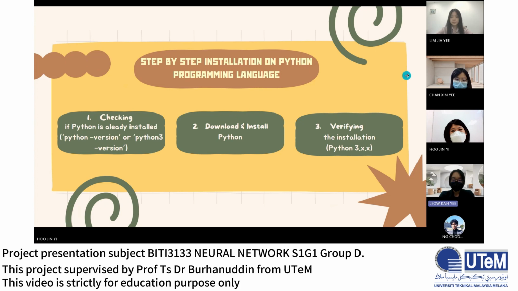Then we follow the instructions to install Python. After that, we go to the next step, which is to verify the installation. We can open the terminal or command prompt and type python --version or python3 --version. If we see something like Python 3.x.x come up, that means the installation is successful.